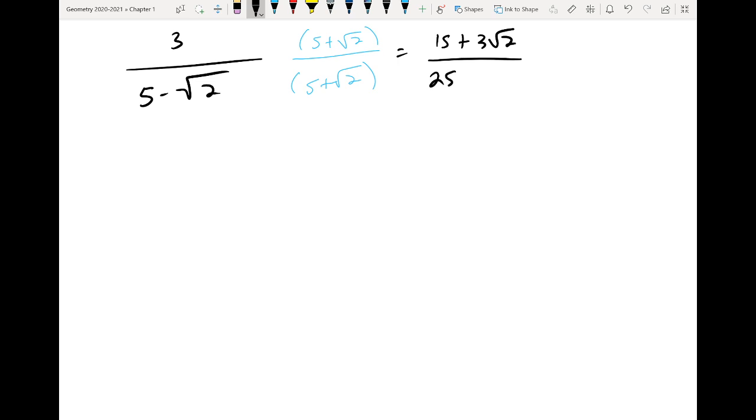Again, 5 times rad 2 is 5 rad 2. Negative rad 2 times 5 is negative 5 rad 2. It cancels each other. So all I have to do is negative rad 2 times positive rad 2, which is going to give me minus 2. And then you simplify. 15 plus 3 rad 2, all over 25 minus 2, which is 23. That's your answer.